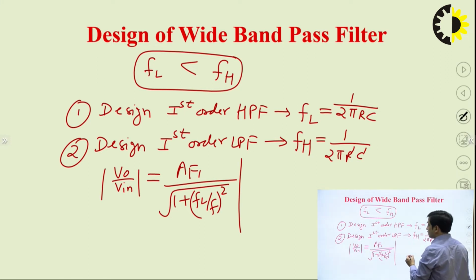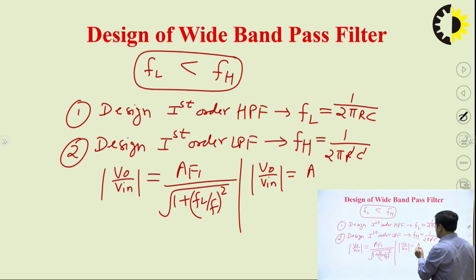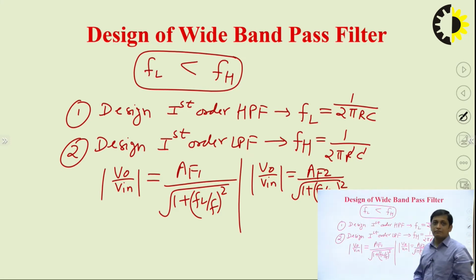Similarly, for first order low pass filter, the transfer function is, since the passband gain for low pass filter we have taken AF2, AF2 upon under root 1 plus (F by FH) square. See, these few equations we require. We should be aware of these equations, only then we can do the numerical problems. Fine. So the cutoff frequency equations I have mentioned, and the transfer function you can derive. If you have not derived, then you can easily derive for first order high pass and first order low pass filter.